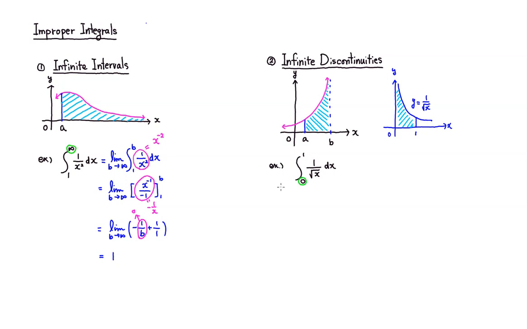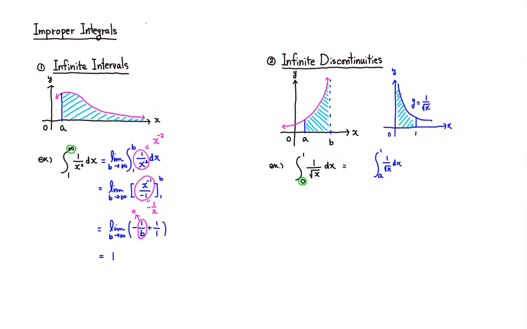Right? So what I'm going to do is replace that with, say, a. So this is going to be equal to the integral. Right? If a is slightly positive, there's no problem. So a is right here.